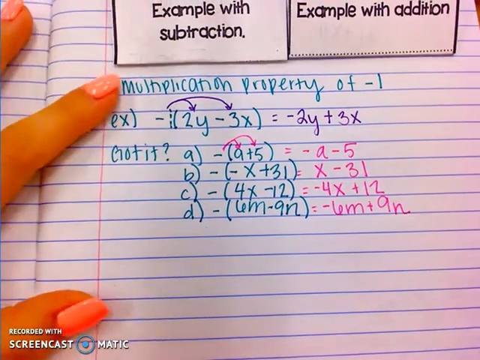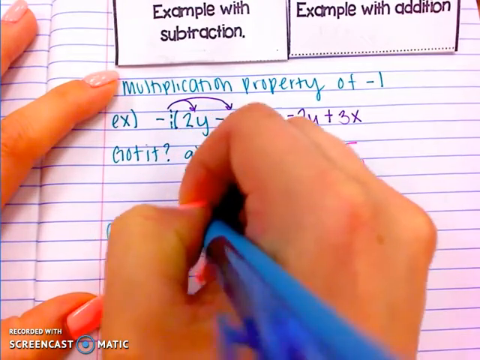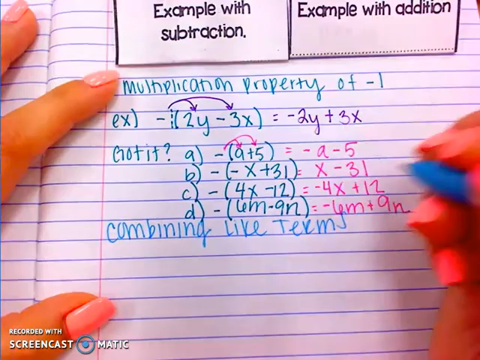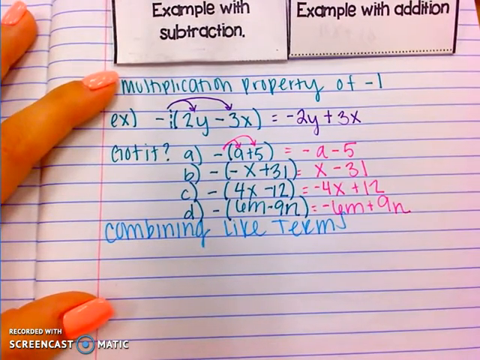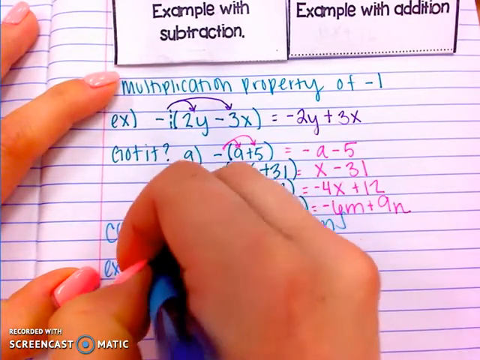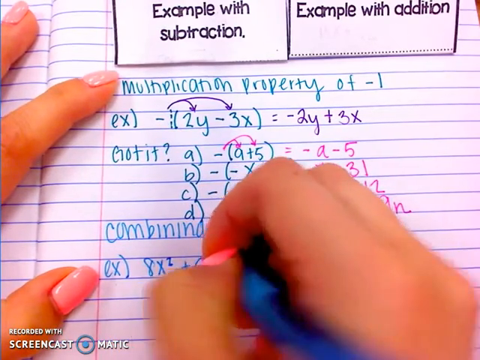All right, the next thing that we're going to look at is combining like terms. So this is something that we've seen for several years. We're going to do an example, let's say 8x squared plus 2x squared.